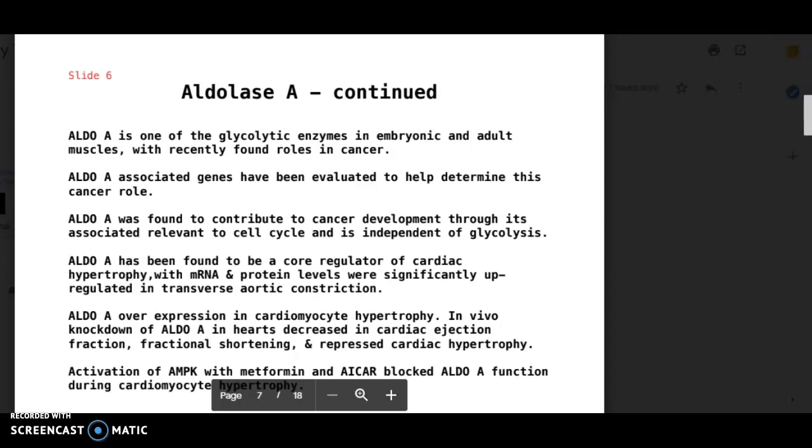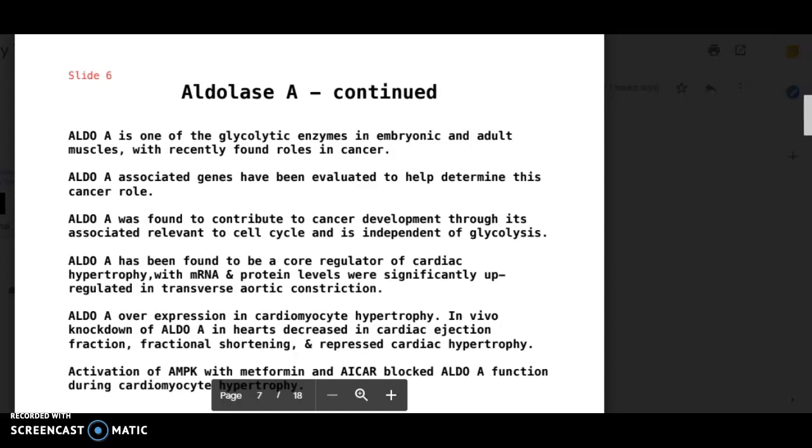cardiac hypertrophy. The messenger RNA and protein levels of aldolase A were significantly upregulated in transverse aortic constriction and isoproterenol-induced hypertrophic mouse hearts. Overexpression of aldolase A in cardiomyocytes promoted ISO-induced cardiomyocyte hypertrophy, whereas aldolase A knockdown repressed cardiomyocyte hypertrophy.